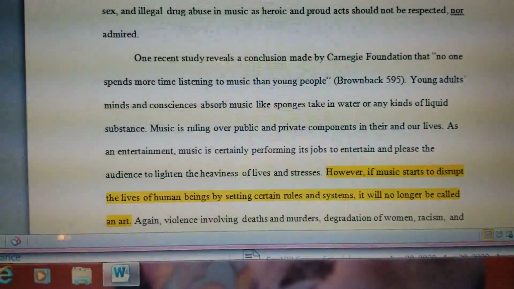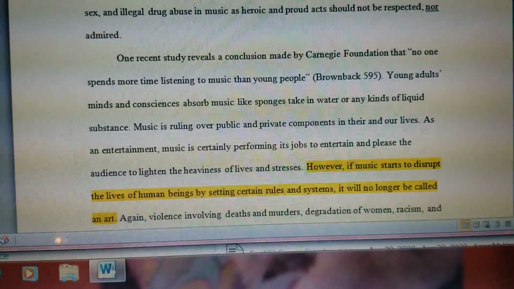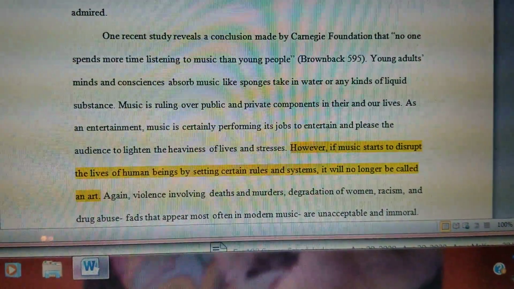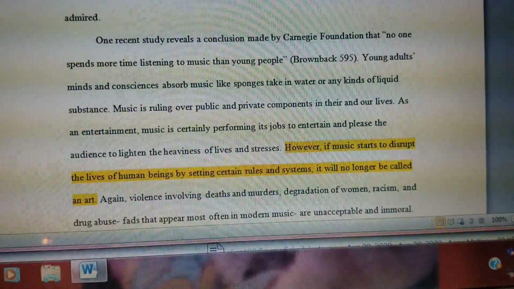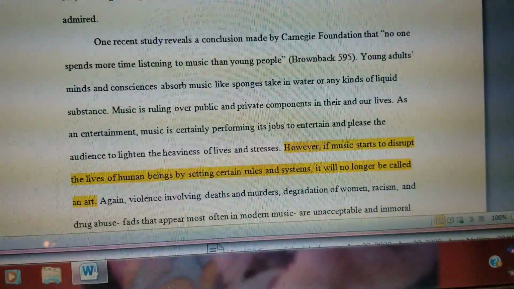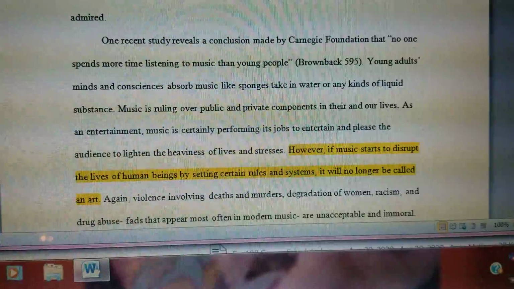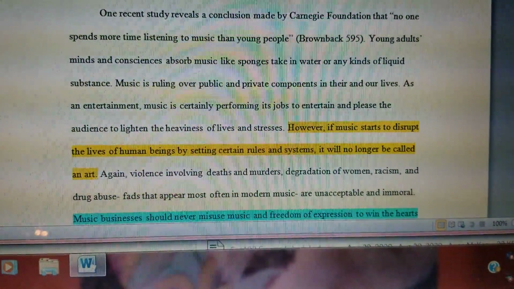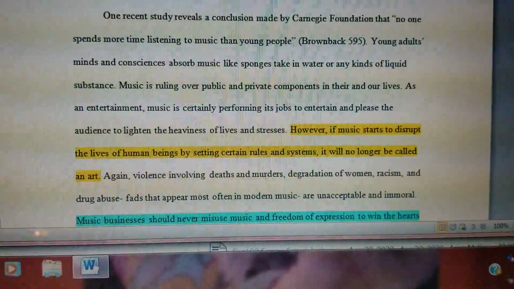She concludes with a study that revealed that no one spends more time listening to music than young people. Young adults' minds and consciences absorb music like sponge take in water or any kinds of liquid substance. Music is ruling over public and private components in their and our lives.